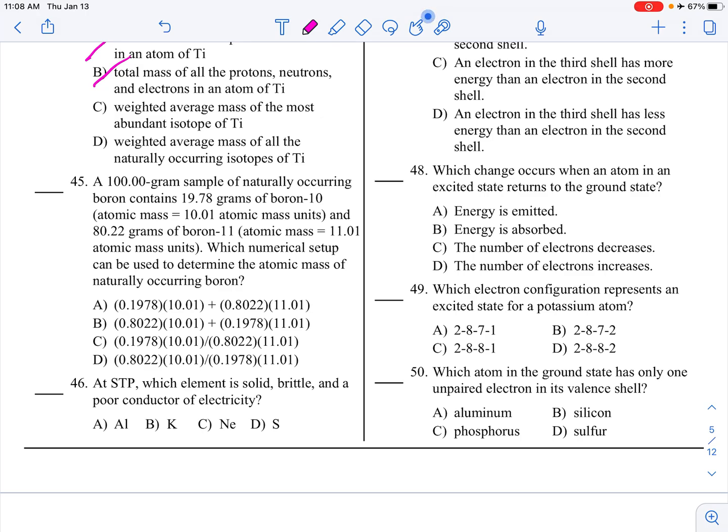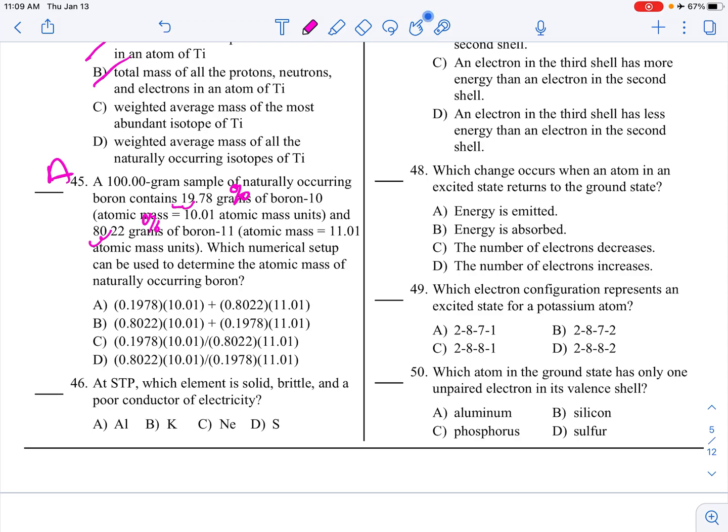So it says 19.78 grams of boron-10, and this is tricky because they assume a 100 gram sample, so grams of boron would be 19.78%. So 19.78, make that into this. So I think it is choice A, because you would just move the decimal place 2 spots to the left in order to divide by 100 to make those into the percentages we need. The other ones don't add up.